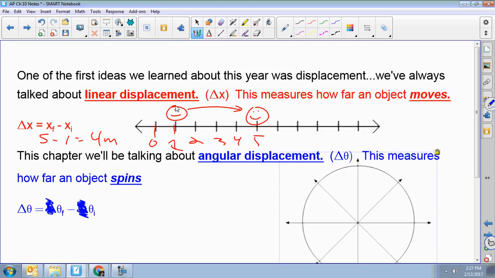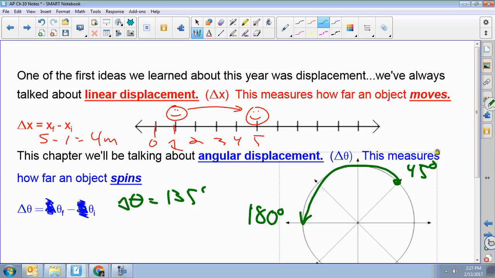So, in English, if you rotate from here to here, then we could find our change in theta, and you could do it in any of those 3 units we just talked about. We could say that you're going from a position of 45 degrees to 180 degrees, in which case it would be 180 minus 45, so our change in theta would be 135 degrees.